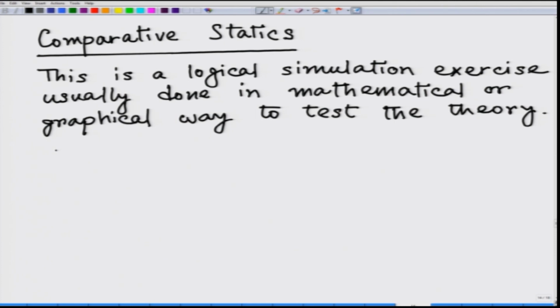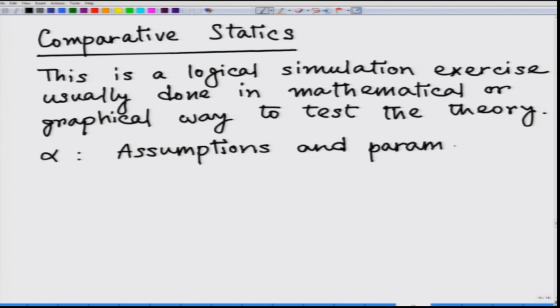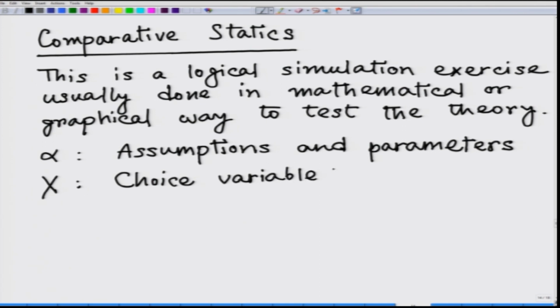So, suppose we have alpha as the set of assumptions made for model building and parameters which are kept fixed, and x is my choice variable or decision variable in the model.